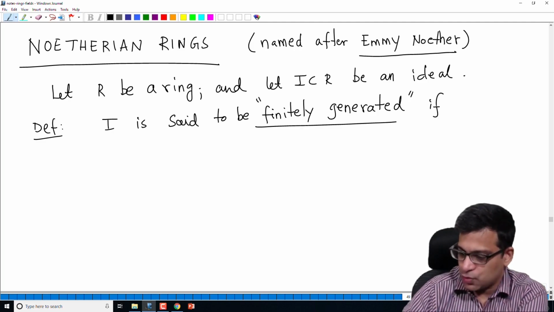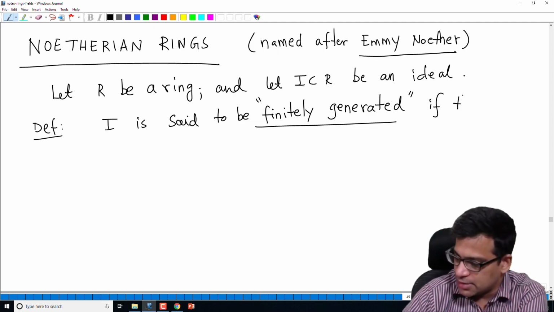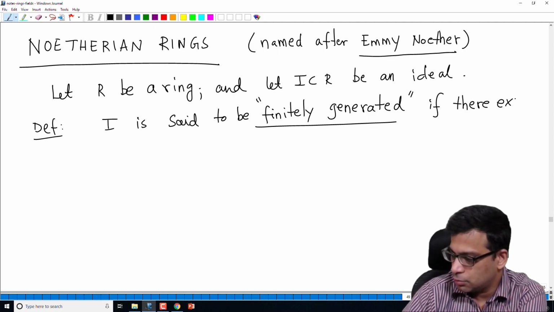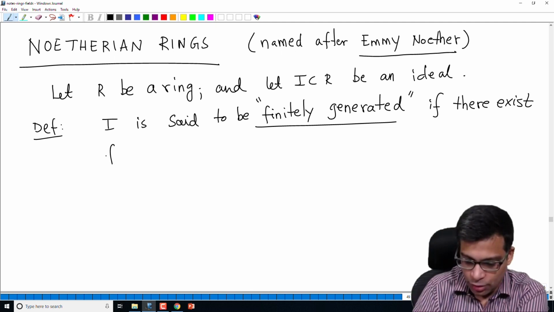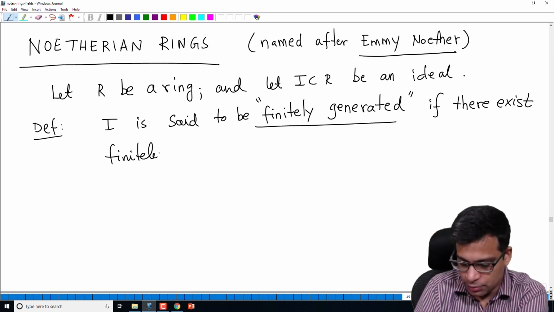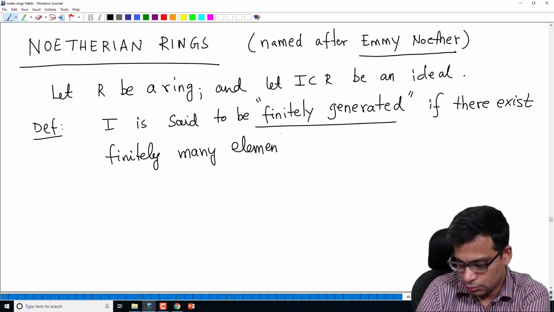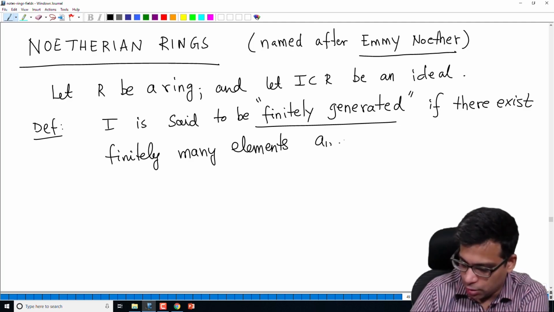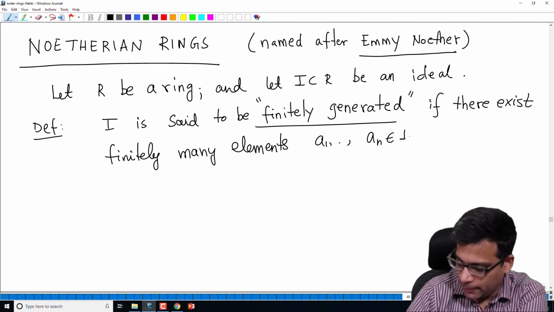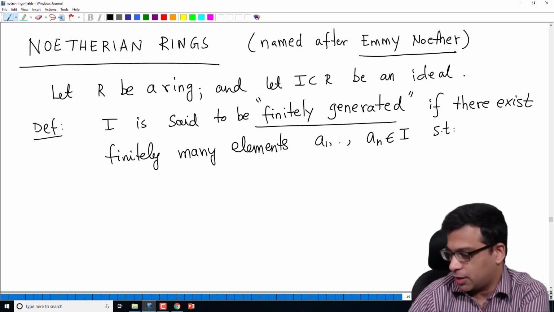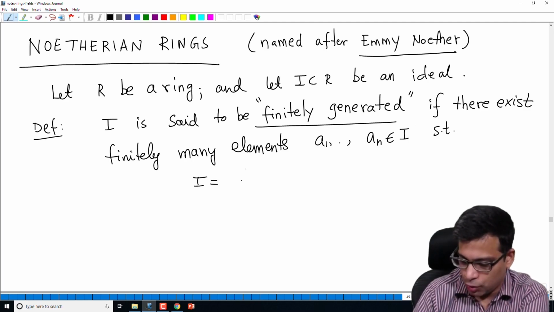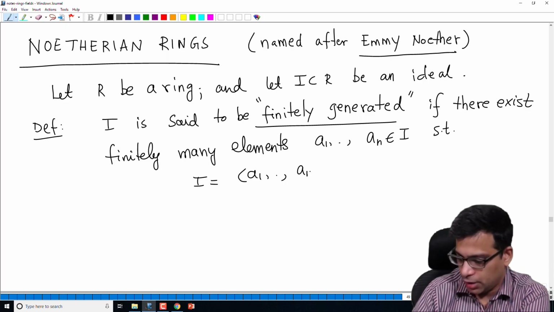if it is what the name is saying, if there exist finitely many elements, let's say a1, ..., an in I, such that I is equal to the ideal generated by a1, ..., an.